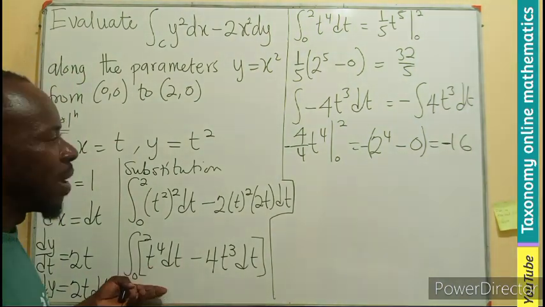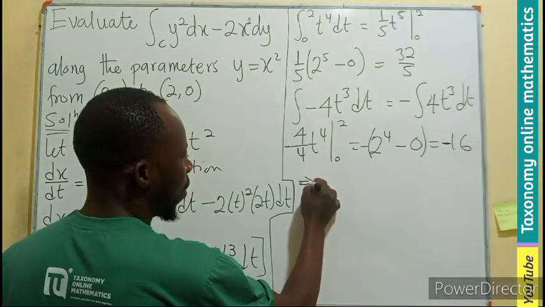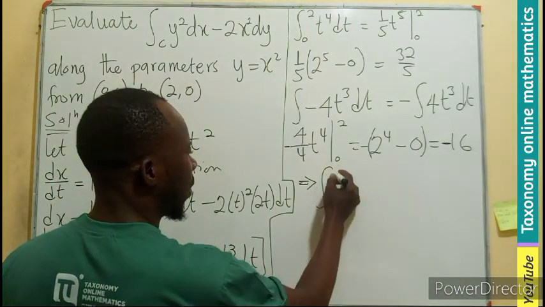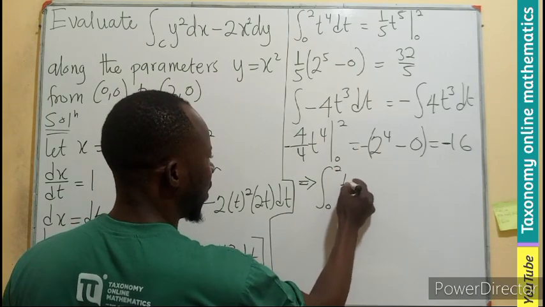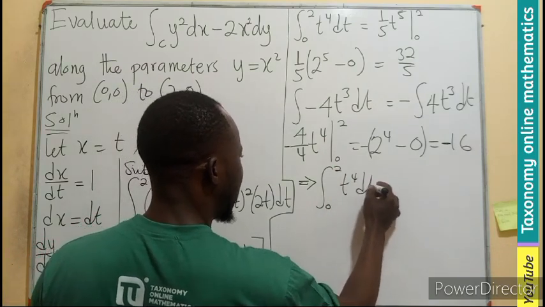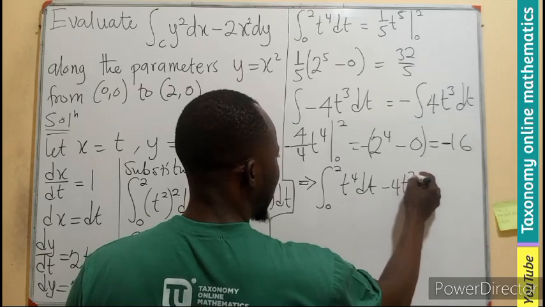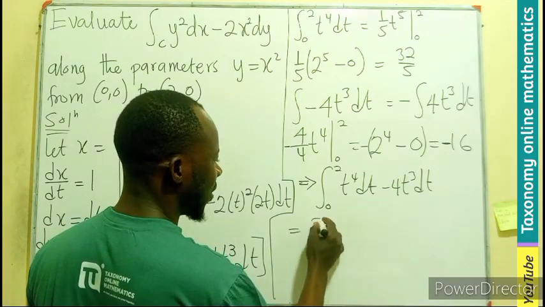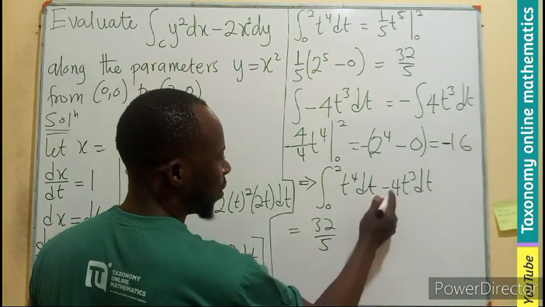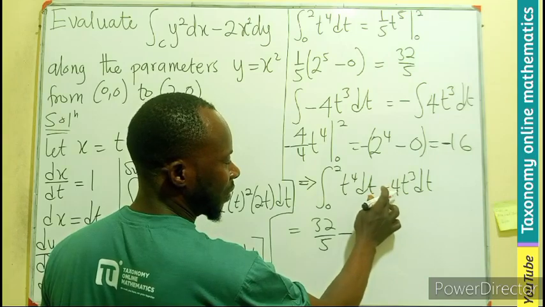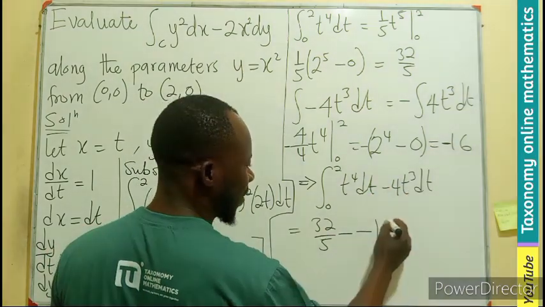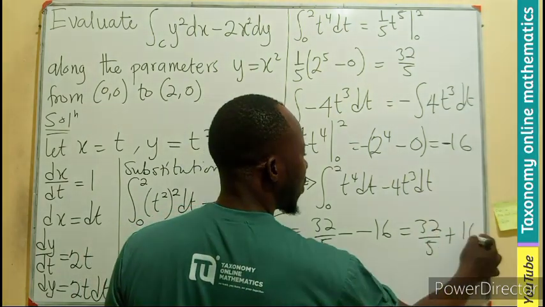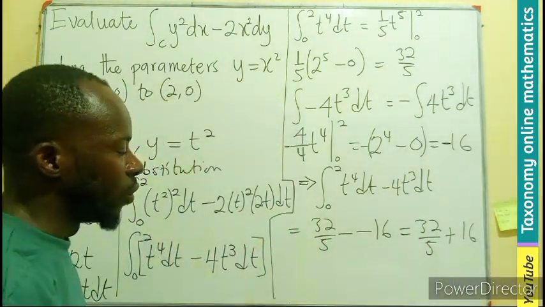So now we have the first part. In all, our integral from 0 to 2 of t exponent 4 dt minus 4t exponent 3 dt will be equal to the first part, 32 over 5, minus, this is the minus, then the answer is minus 16. And that gives us 32 over 5 plus 16. What do we do here?